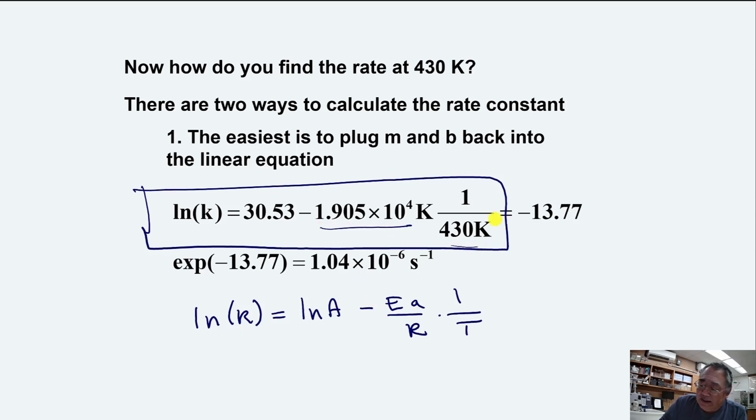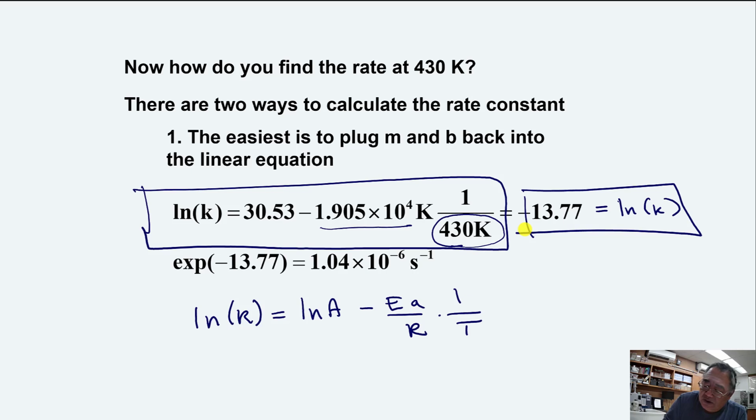I plugged in the temperature that I was interested in knowing the rate constant at, and then that gave me the natural log of my rate constant. So this gives me ln k. This is ln k still, right? It's all the way over here, so I just rewrote it. And then what you do is you take the anti-log, so you take the exponent of that number, and that gives you your rate constant at that temperature.